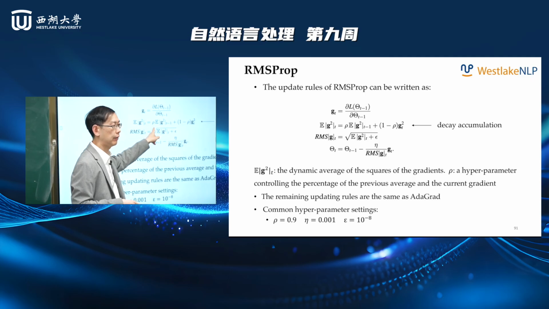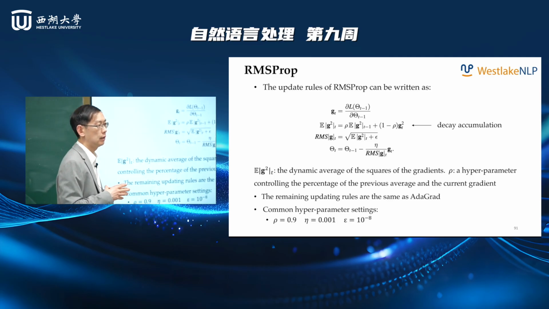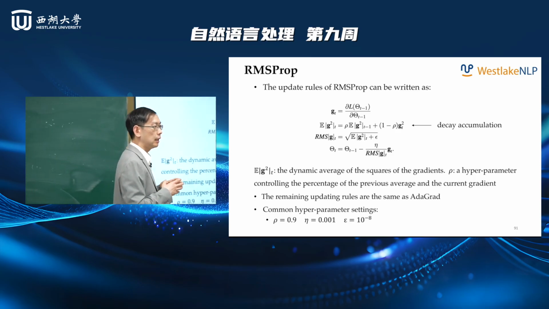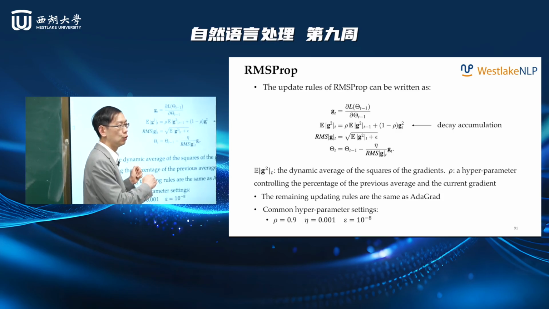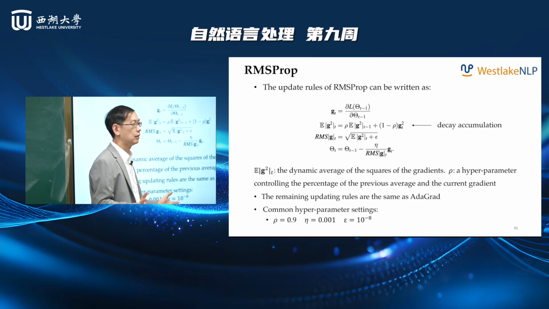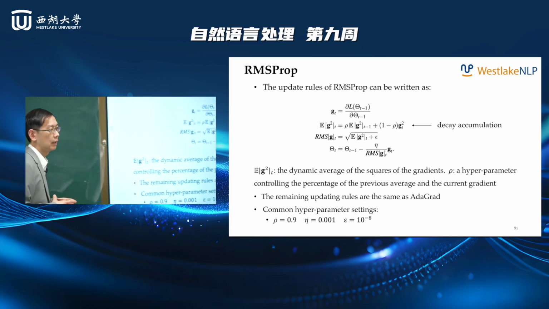This is a decaying factor, right? So I use rho to multiply these accumulated square gradients so that the influence of history gradient will gradually diminish and your accumulated gradient square will not be so large as to lead to 0 update, gradually.